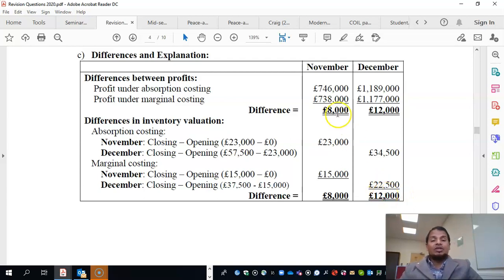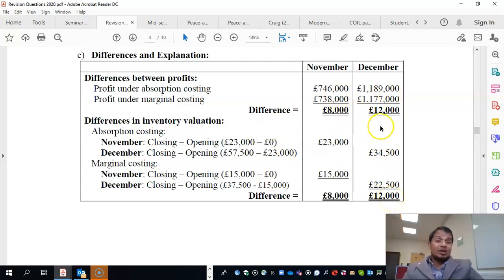So we can say the difference in profit is 8,000 and the difference in inventory valuation in November is 8,000. In December, the difference between profit under absorption costing and marginal costing is 12,000, and the difference in inventory valuation in December is 12,000.